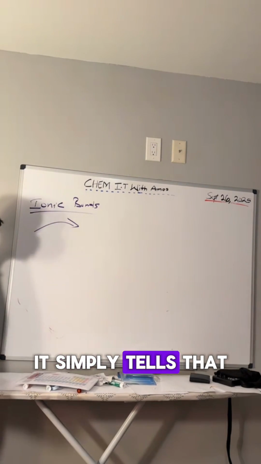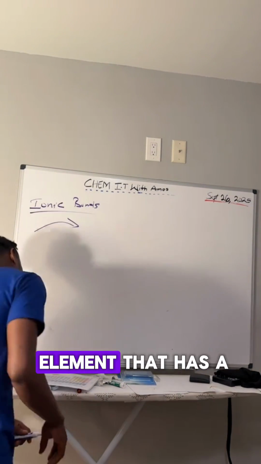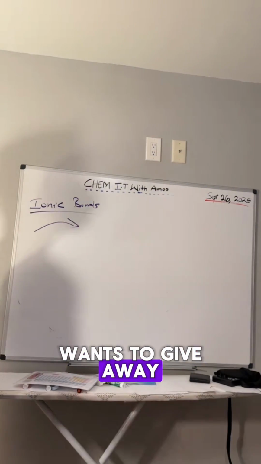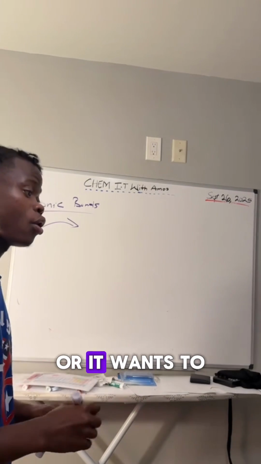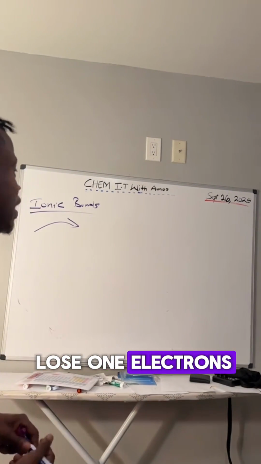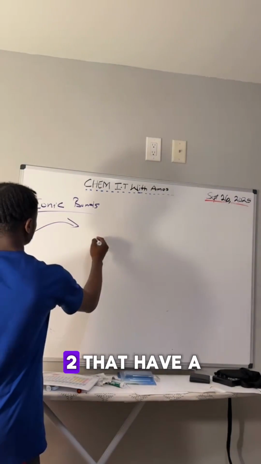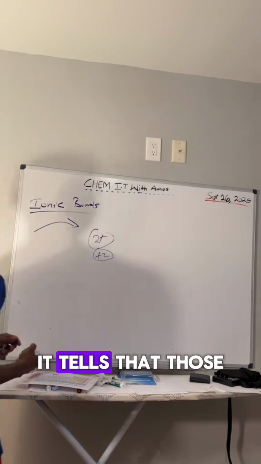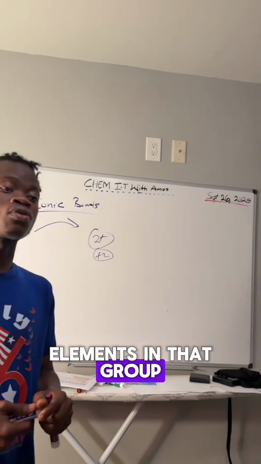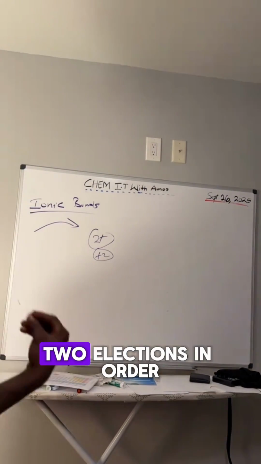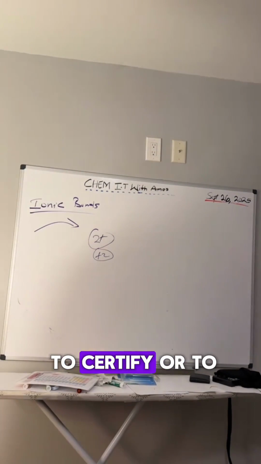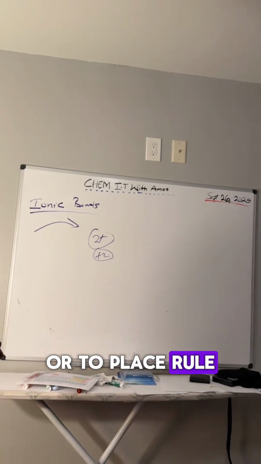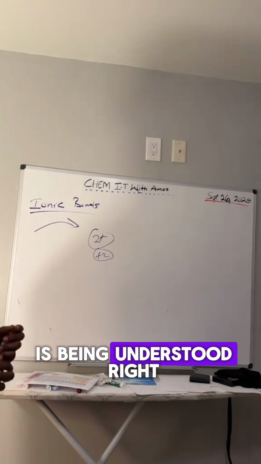It simply tells us that an element with a charge of positive 1 wants to give away 1 electron, or lose 1 electron. An element in group 2 with a charge of +2 wants to give away two electrons in order to satisfy the octet or duplex rule. I hope that has been understood, right?